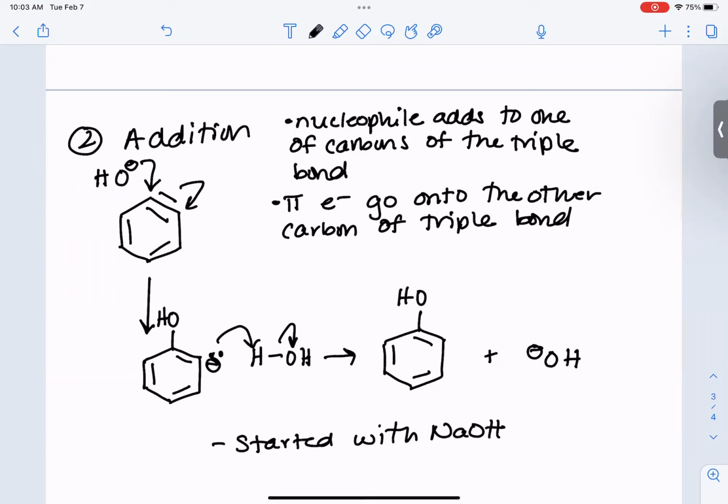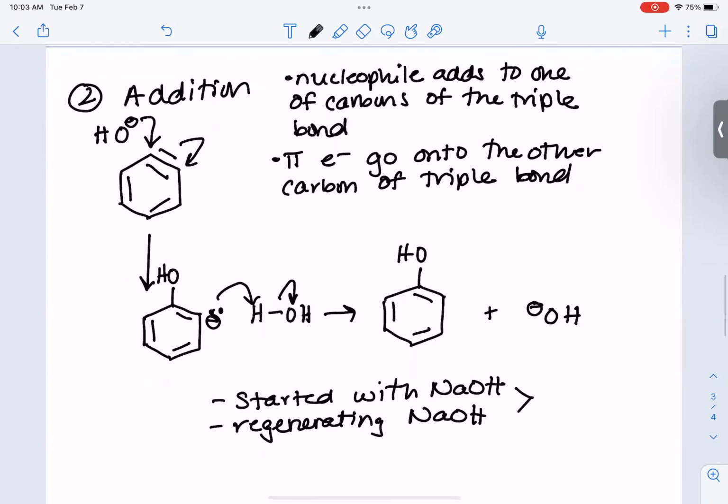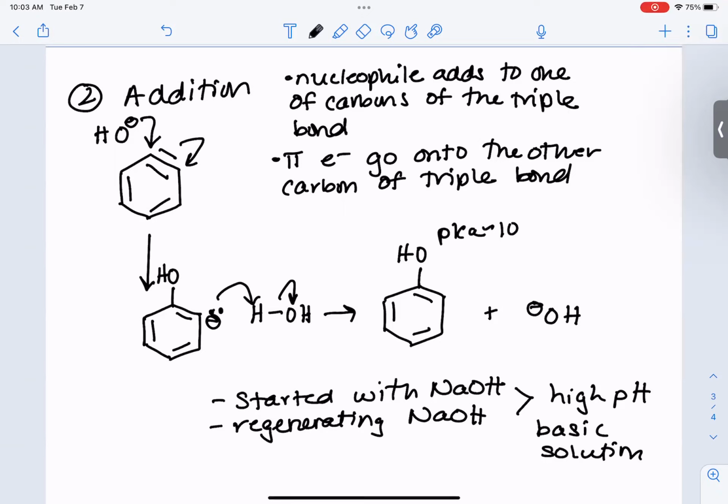And then we are regenerating NaOH. So this makes the reaction basic. So we're going to have a high pH. You have a basic solution. We didn't go over phenol last semester, right? But phenol, the pKa of this hydrogen is around 10.